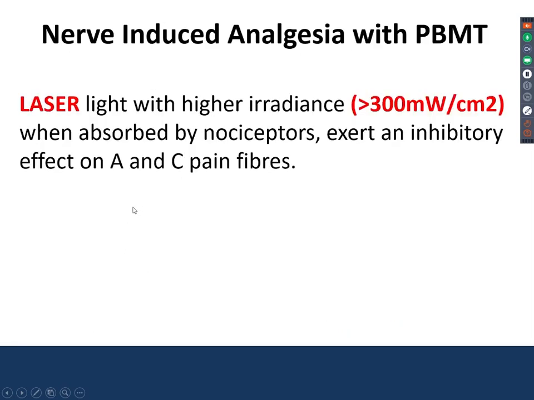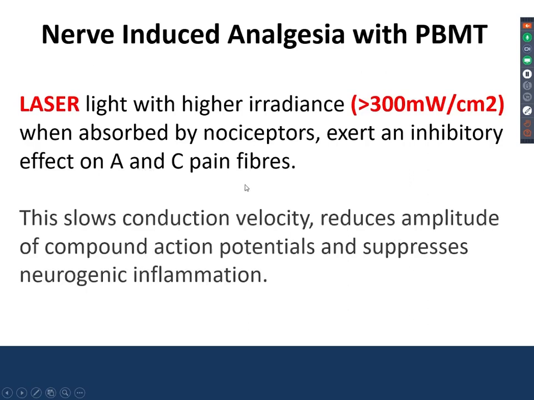So really what they found here is that if you use high power, high energy densities, you can actually exhibit an inhibitory effect on the A delta fibers and C pain fibers.